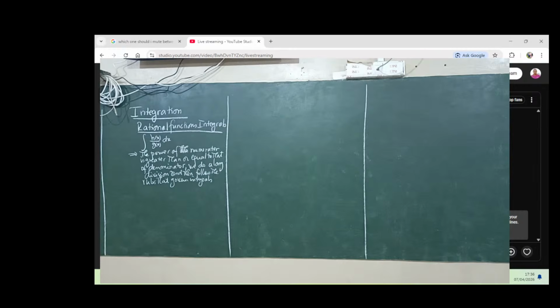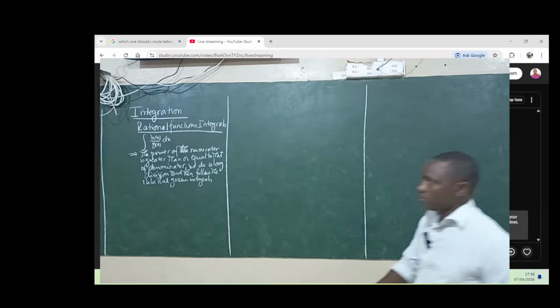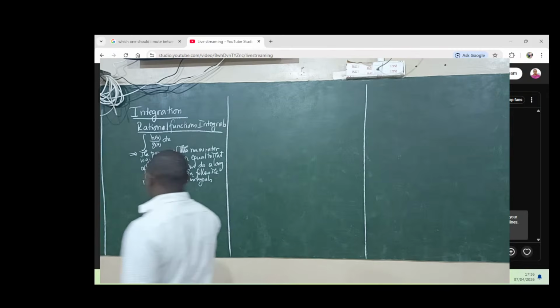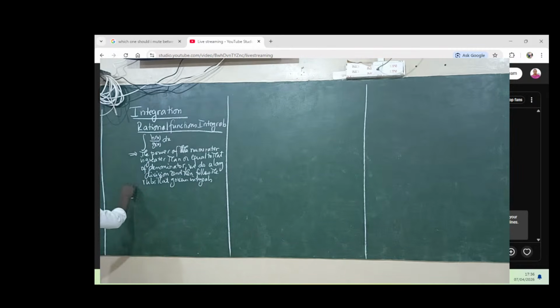At this time, we are going to deal with when the power of the denominator is bigger than that of the numerator.